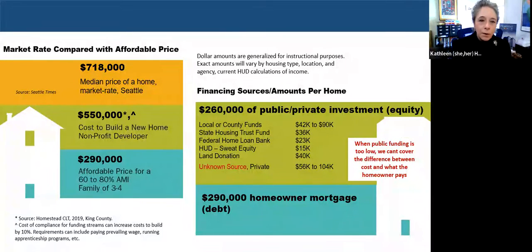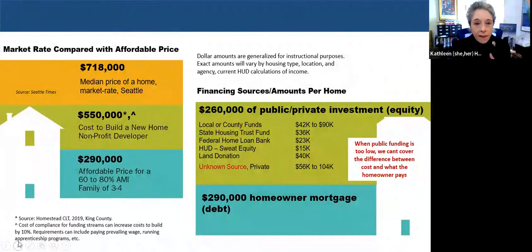One of the things that we proposed with you is mixed income, which is another form of subsidy, where you sell some of the homes at market rate in order to finance the affordable units.